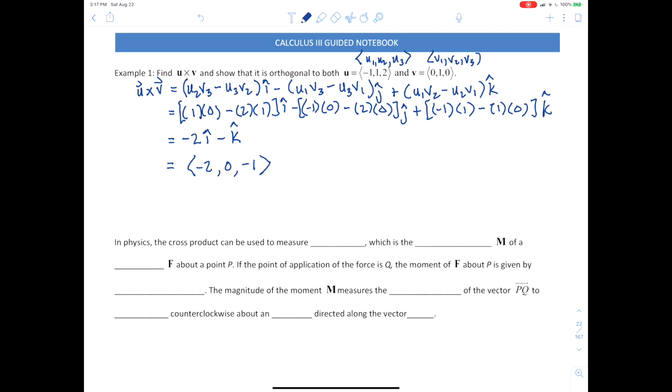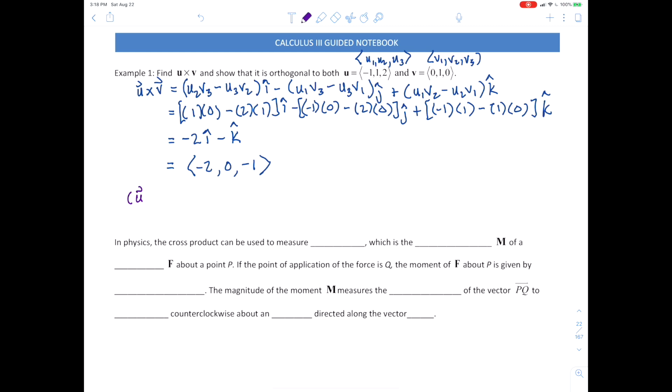Good so far? All right, so now we want to check to see if it's orthogonal. If we do our dot product to each, u and v, we'll see if they're mutually orthogonal. So let's see. I'll do it in a different color.